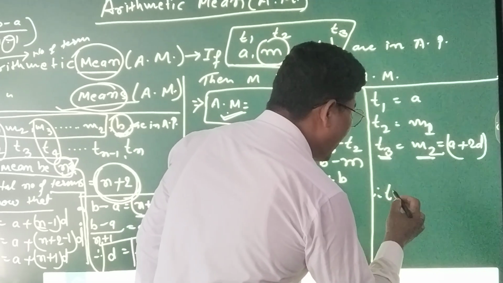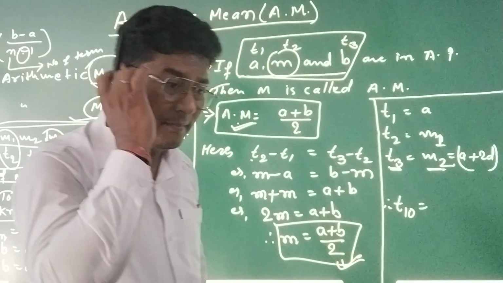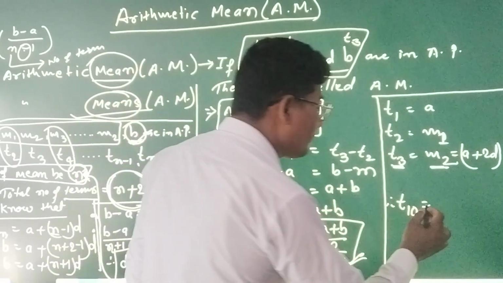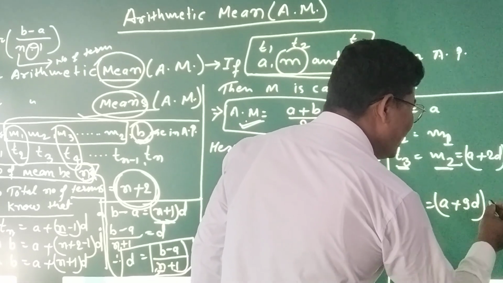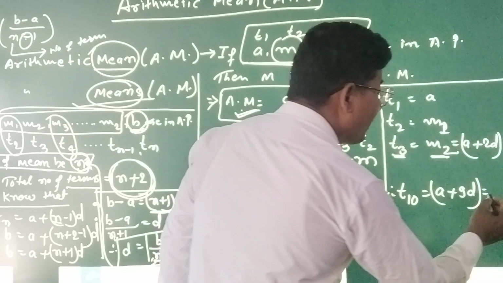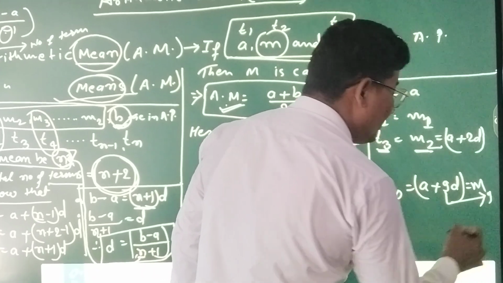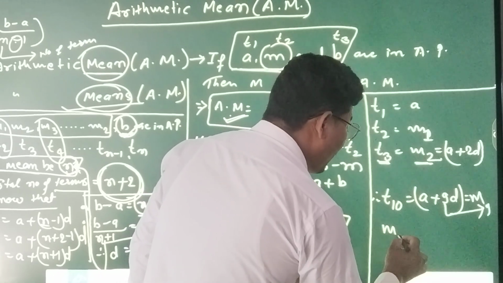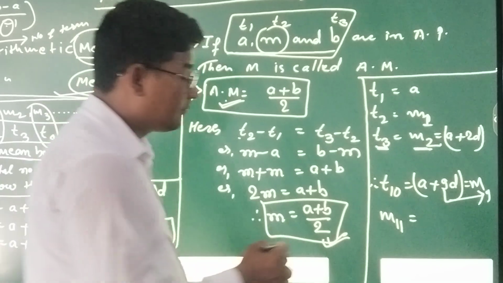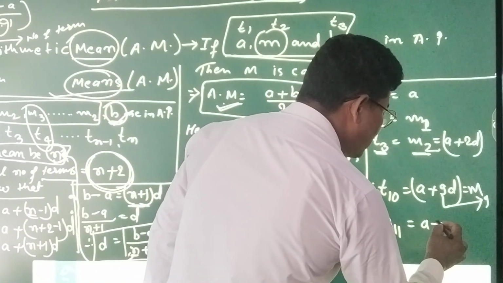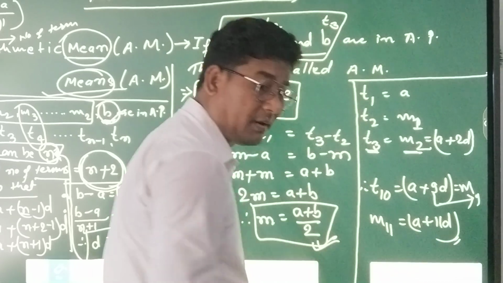In the same way, if you have to find T10, what is the formula of T10? a plus 9d. And this is equal to M9. Then tell me, what is the formula of M11? a plus 11d.